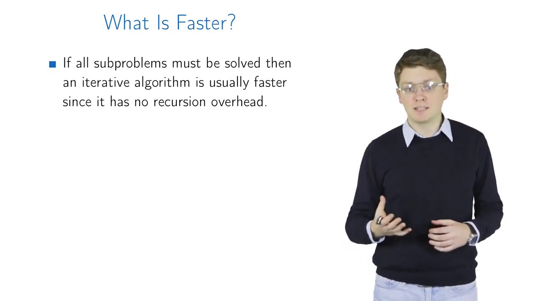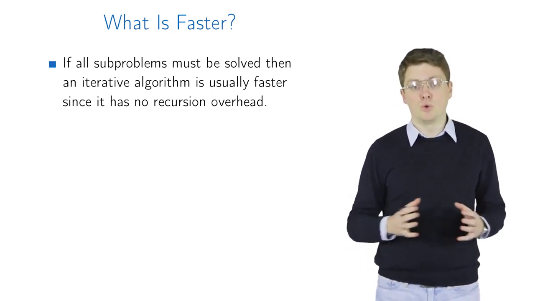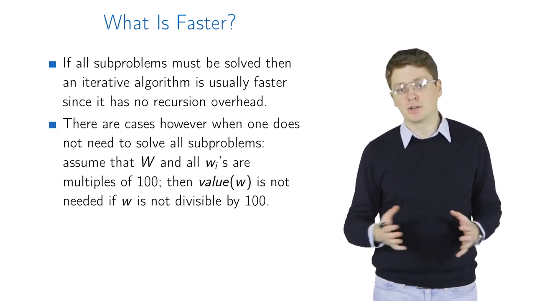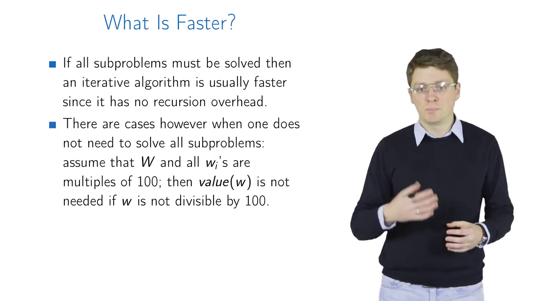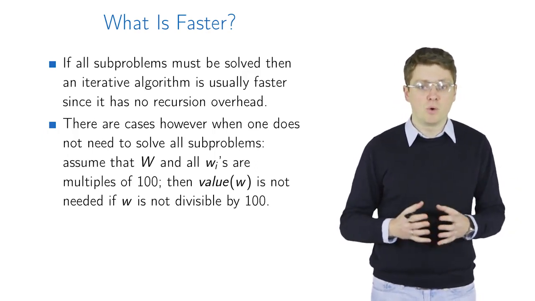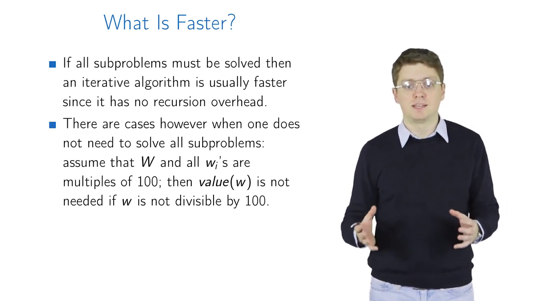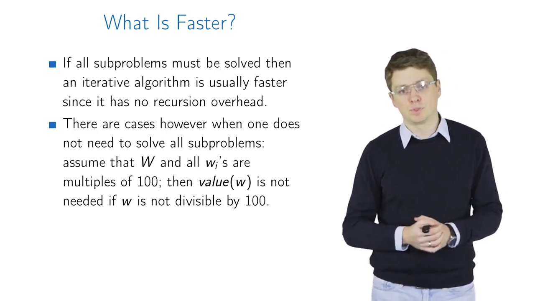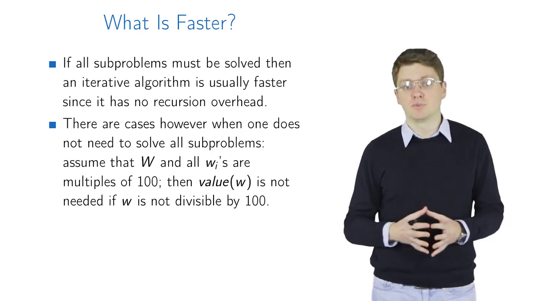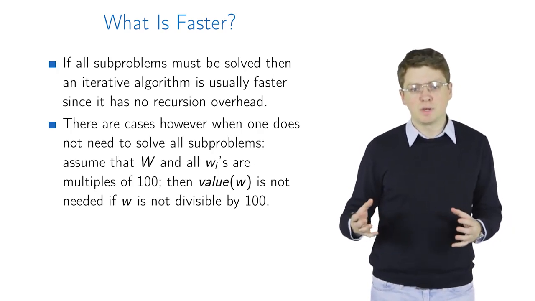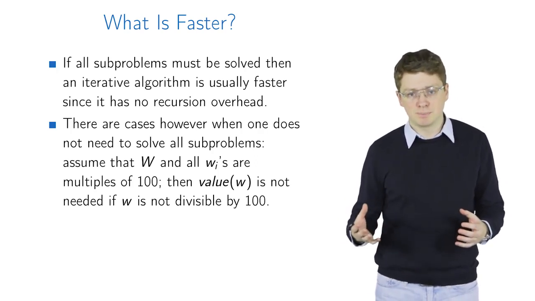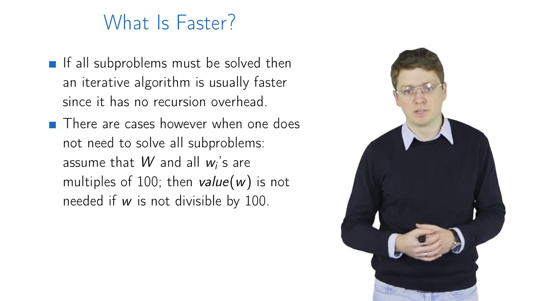There are, however, cases when you do not need to solve all the subproblems, and the knapsack problem is a nice illustration of this situation. Imagine that we are given an input to the knapsack problem where all the weights of n items together with the total weight of the knapsack are divisible by 100, for example. This means that we are not interested in subproblems where the weight of the knapsack is not divisible by 100. Why is that?